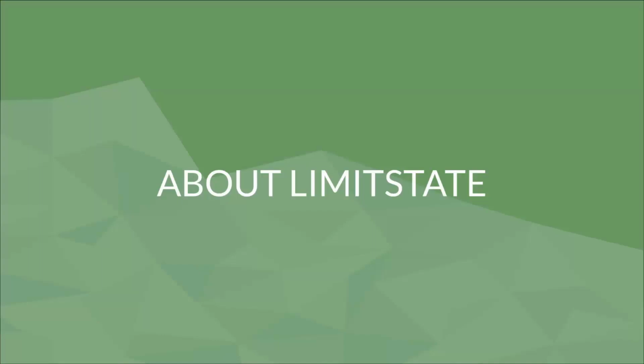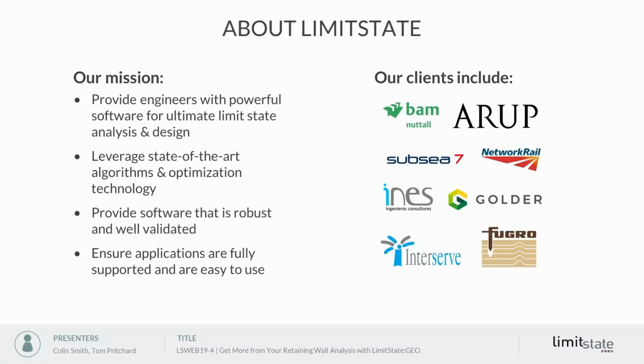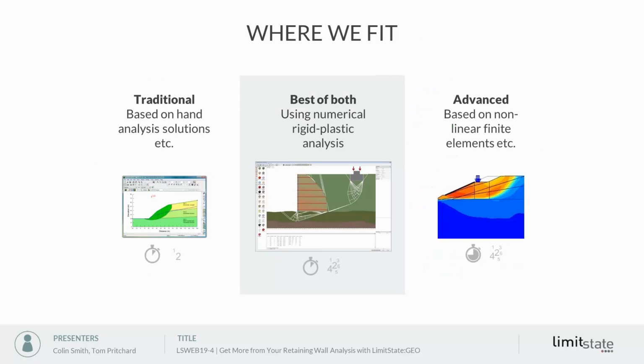Before we look at the software itself, I'll give you a little background to LimitState. Our mission is to provide engineers with powerful software for ultimate limit state analysis and design, leveraging the latest state-of-the-art algorithms and optimization technology. And this innovative approach has generated a client base spanning over 30 countries worldwide. So where does this software fit?